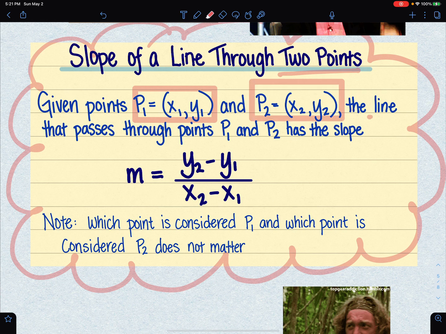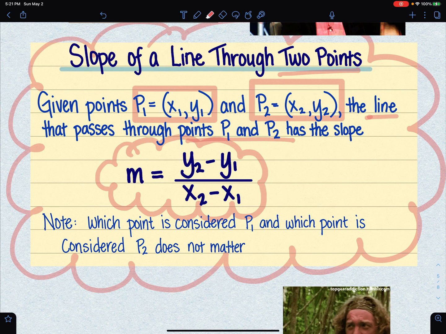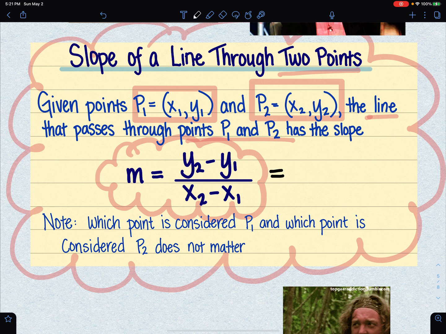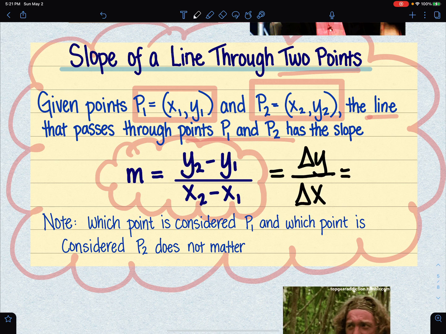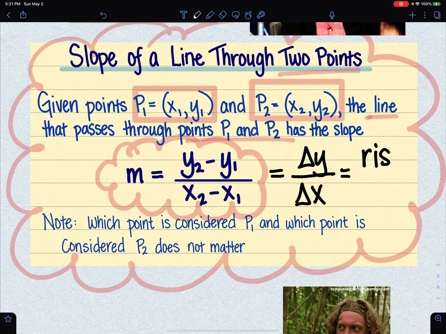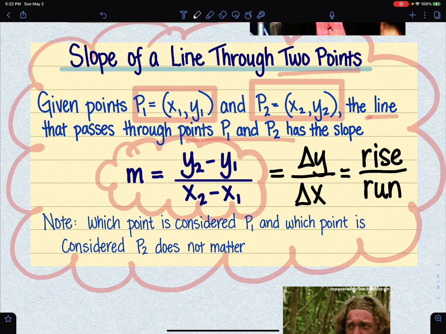And then the line that passes through points 1 and 2 has this slope. m equals y2 minus y1 over x2 minus x1. You could also write that as change in y over change in x, or you could also say rise over run. Rise is how much it goes up and down, like the sun rises and sets. Run is how much you run horizontally over that distance.